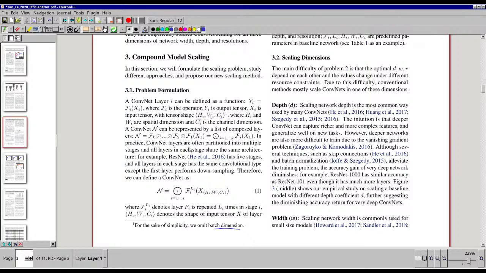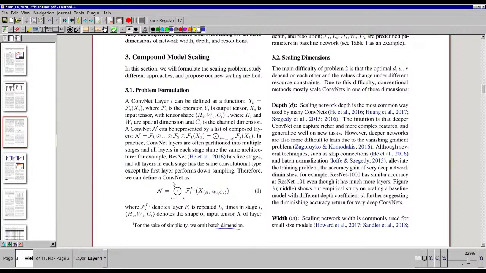In practice, ConvNet layers are often partitioned into multiple stages, and all layers in each stage share the same architecture. For example, ResNet has five stages, and all layers in each stage have the same convolutional type, except the first layer which performs down-sampling.